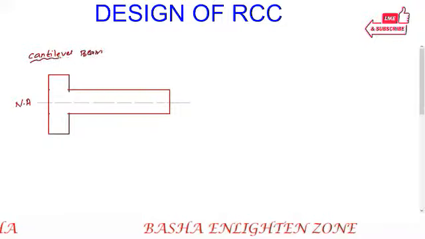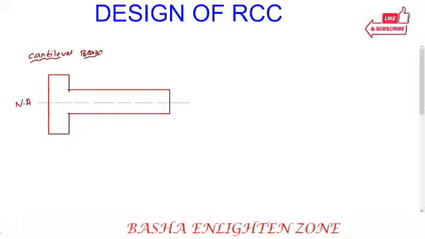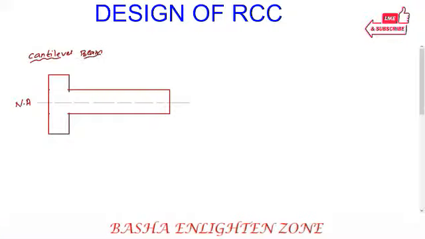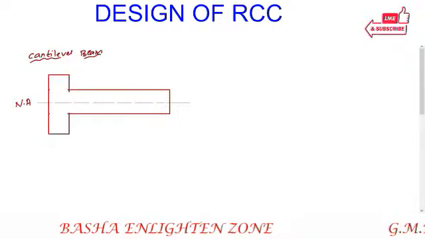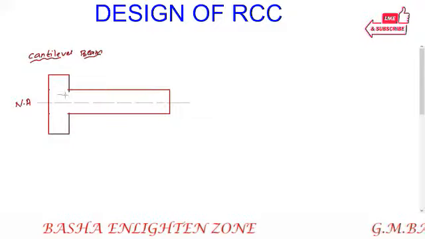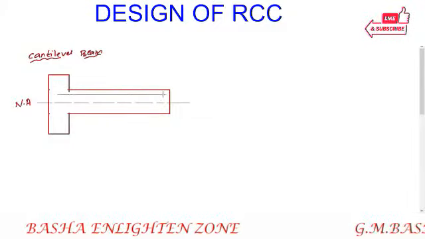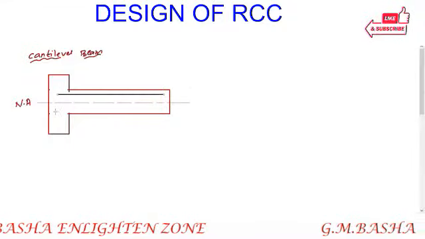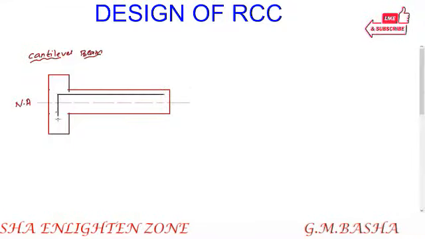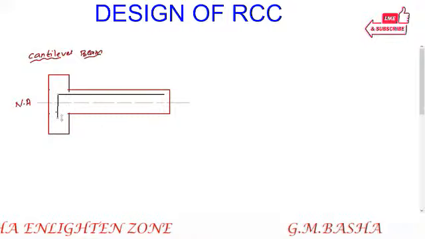So for the cantilever beam, where are we providing the steel reinforcement? See here, the steel reinforcement we are providing here. Again we have to give some bond length also for the cantilever beams.